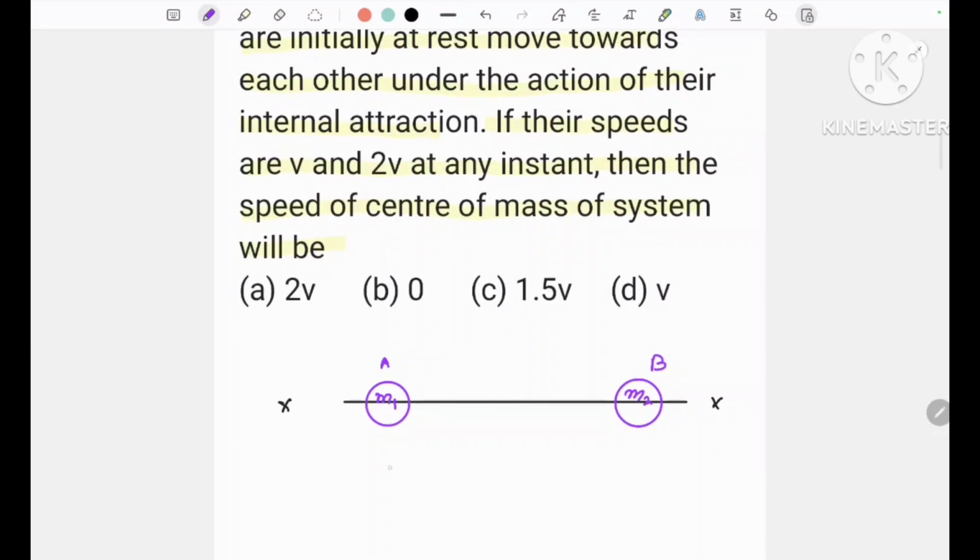Initially their velocity is 0, so the initial linear momentum will be 0.